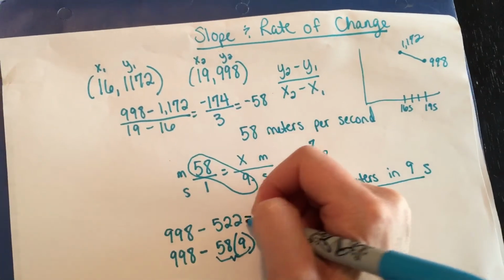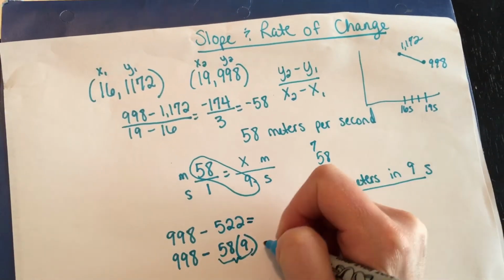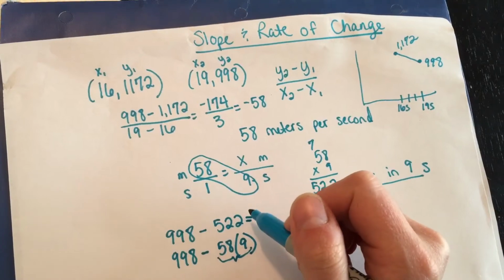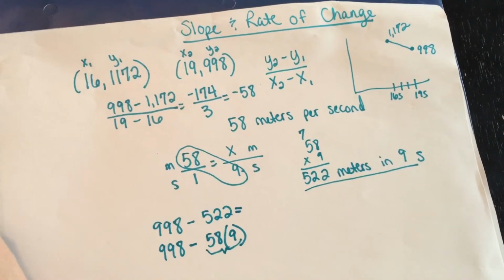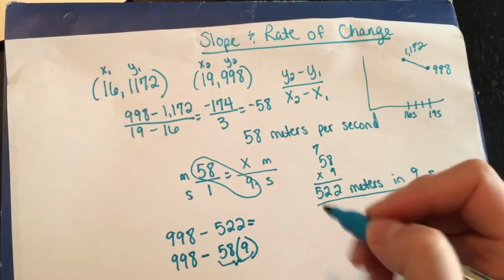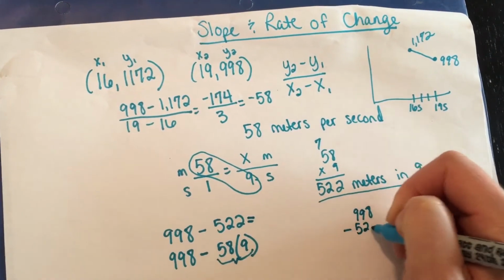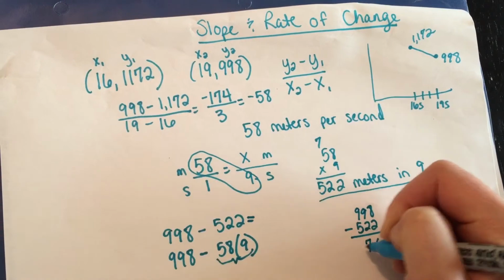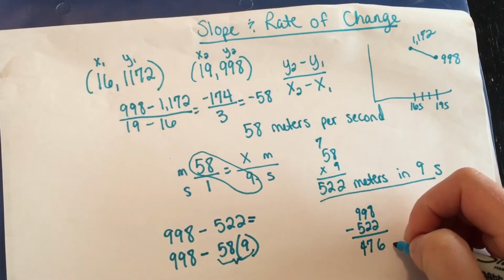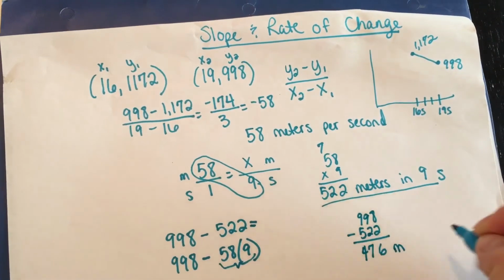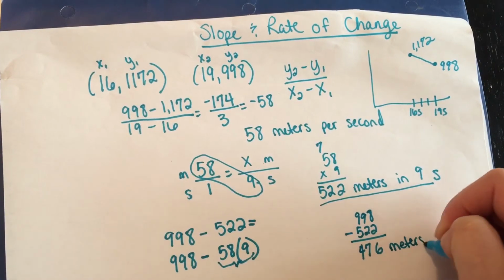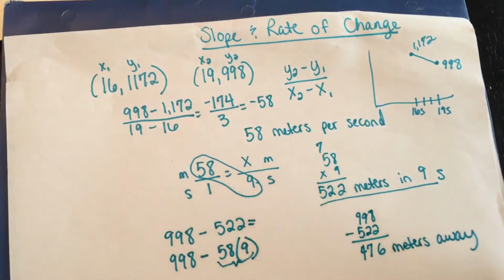And then when I subtract these, 998 minus 522, I'll go ahead and do that. I'm going to get 476 meters away after 28 seconds.